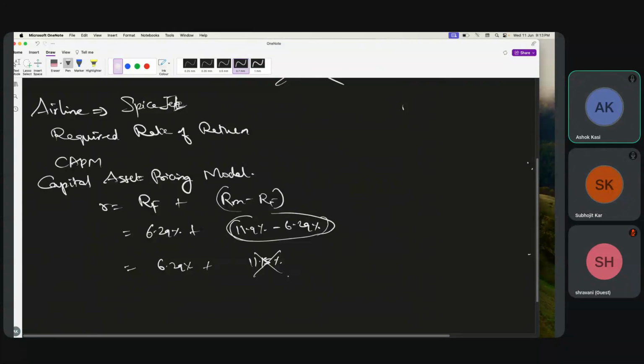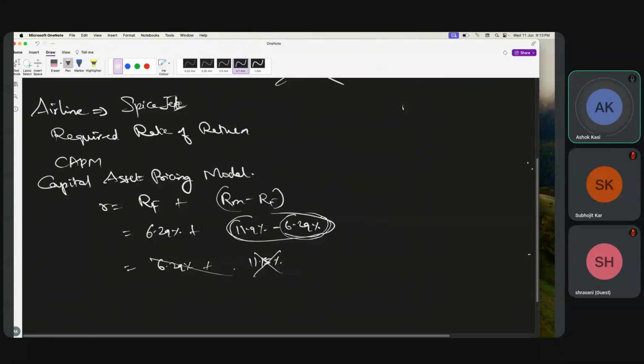Why? Because when you take 11.9 percentage and then minus 6.29 percentage, it is not reducing 6.29, it is reducing 6.29 percentage of 11.9. What I want is exactly 6.29 percentage to be reduced, not 6.29 percentage of 11.9.